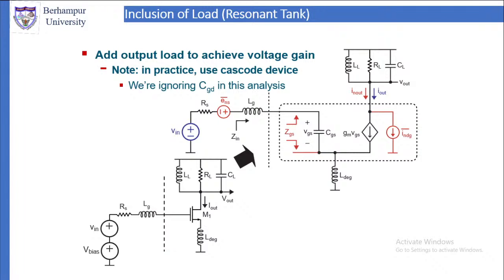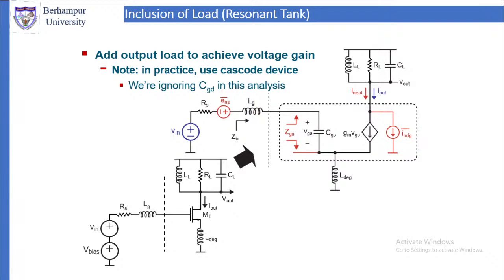Here for the load we will use a resonant tank circuit. So if we take that to be the load, then we will add the load to achieve our voltage gain. Whatever voltage gain we require, that we will achieve using the load.